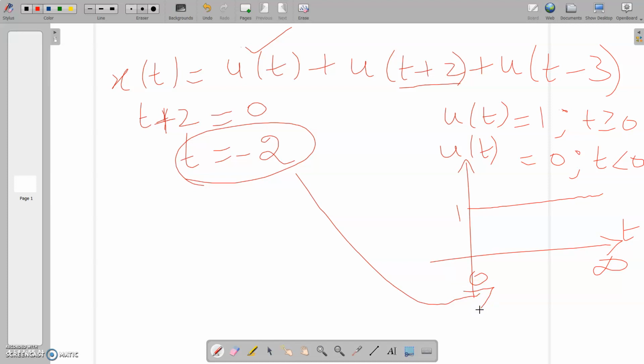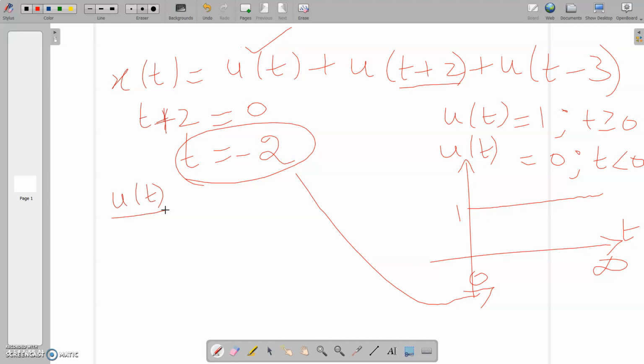So, since we have u of t plus 2, we have to draw u of t first and then shift this signal by 2. Okay. While adding plus 2, t plus 2, we will be getting an advanced signal. So, for that we add t is equal to minus 2 to all the values of t in the original signal, that is u of t.